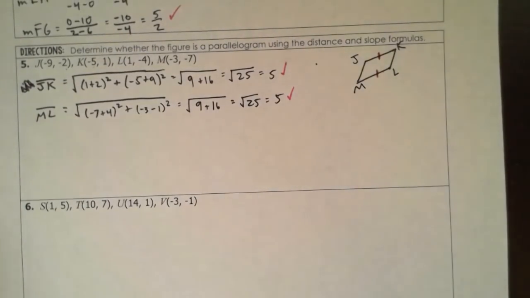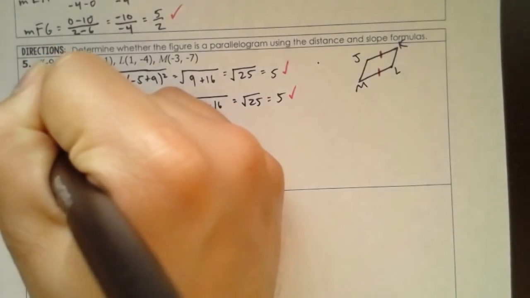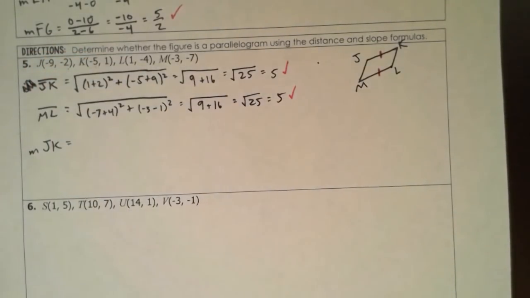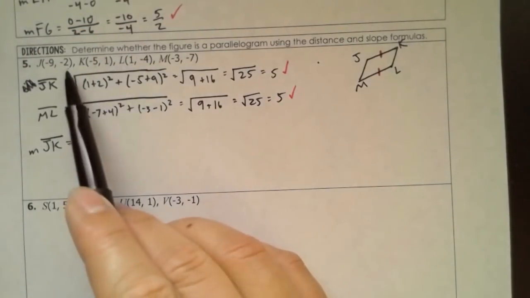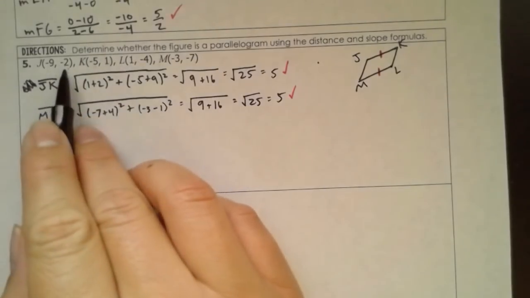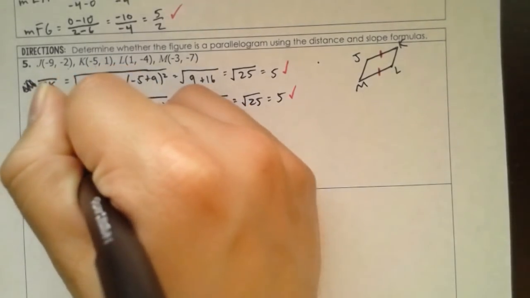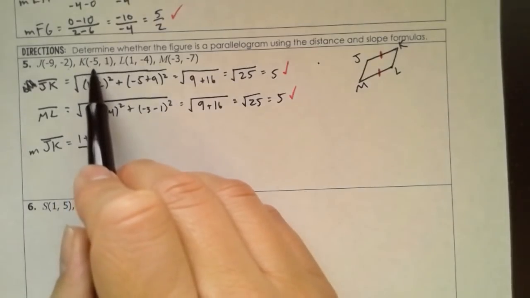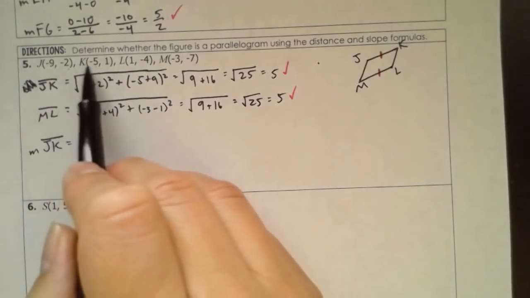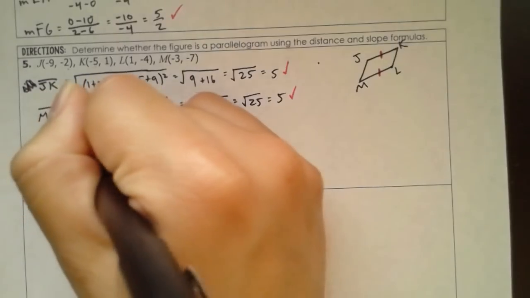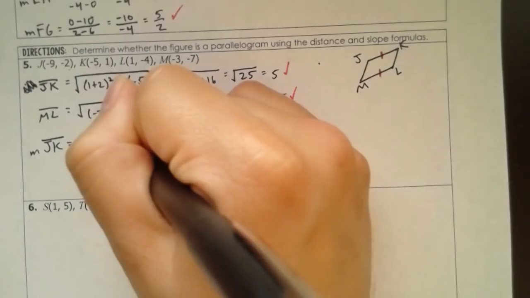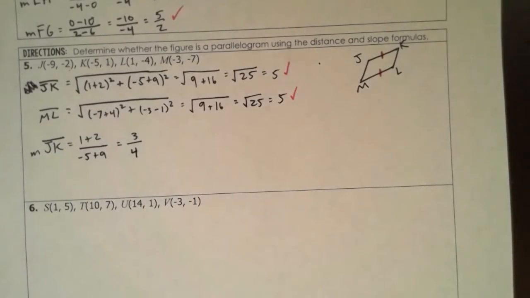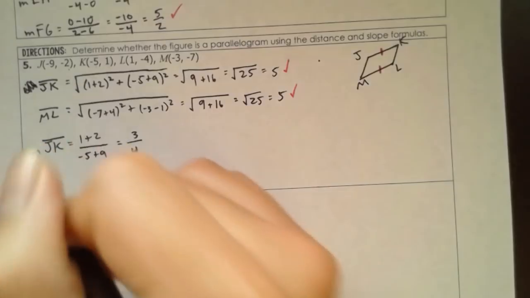Now we need to check to see if they are parallel, and we use the slope formula. So the slope of JK is Y2 minus Y1, so 1 minus -2 becomes 1 plus 2 over -5 minus -9, or -5 plus 9. You get 3 over 4, and then we can't simplify further. So let's check the slope now of LM.